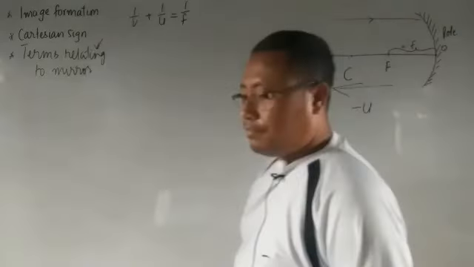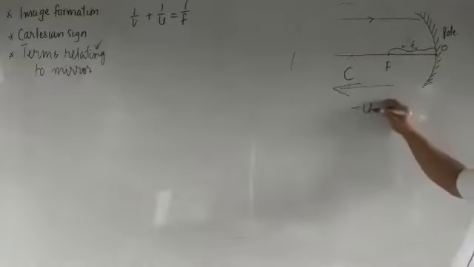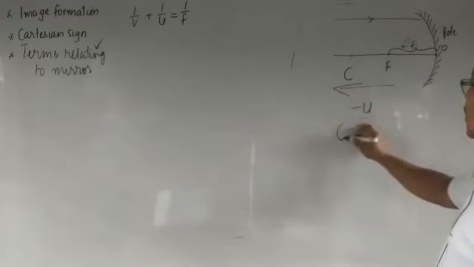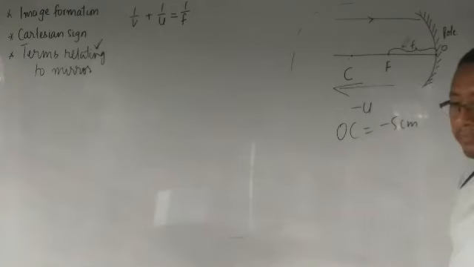This is important. There should be a negative sign before the term. So OC equal to -5 centimeter, for example, right?